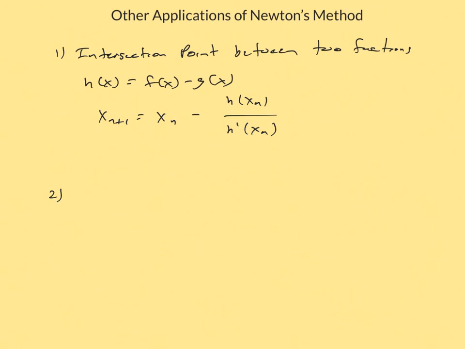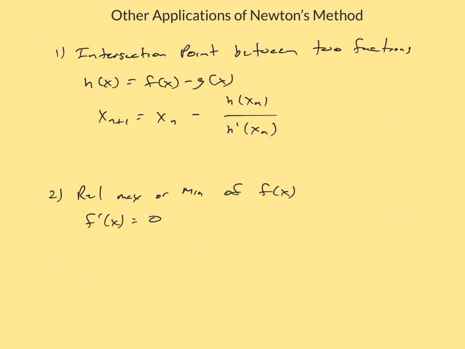Now, the high point and low point are going to be when that derivative is equal to 0. So if I want to find a relative max or min of a particular function f of x, now I'm trying to approximate the zero of the derivative. I want to find where f prime of x equals 0.